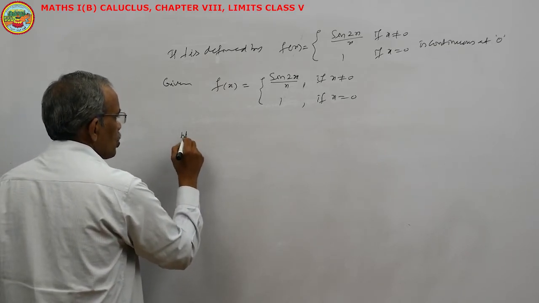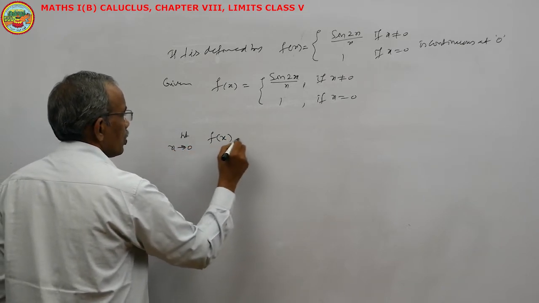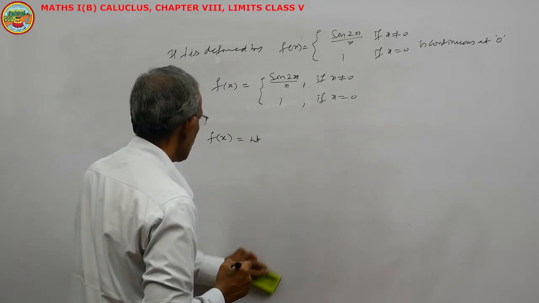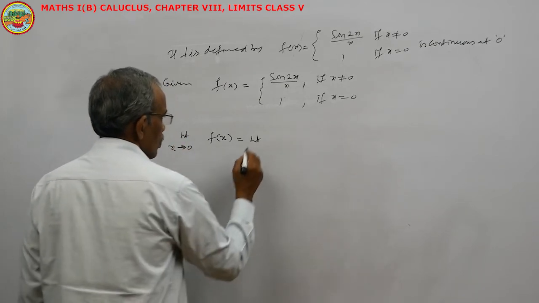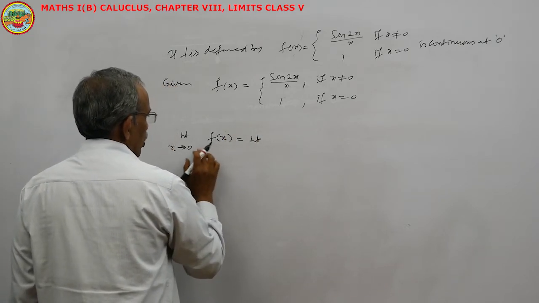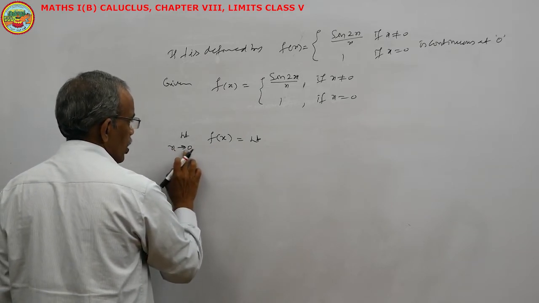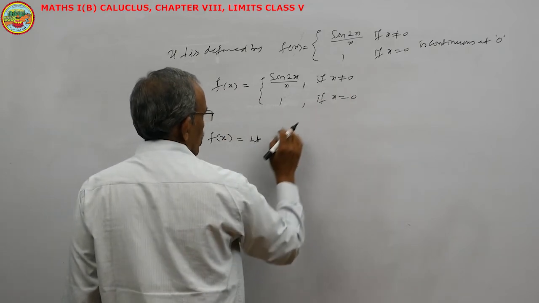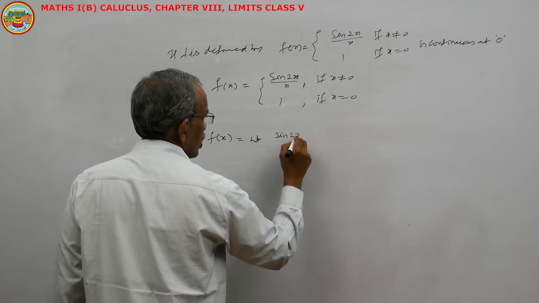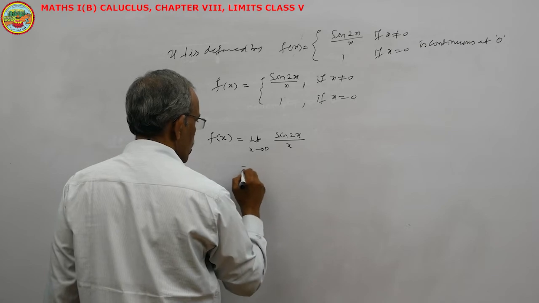So what we have to find first is the limit of f of x as x tends to 0. As x tends to 0, x is not equal to 0, so we take this function: limit of sin 2x by x as x tends to 0.